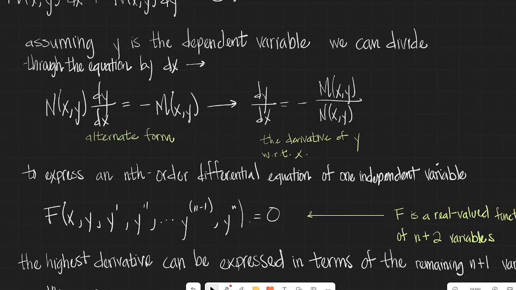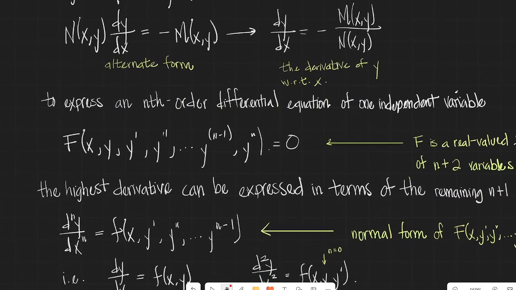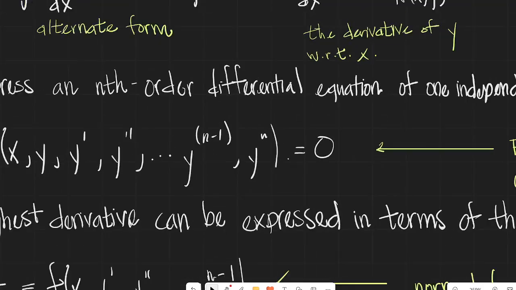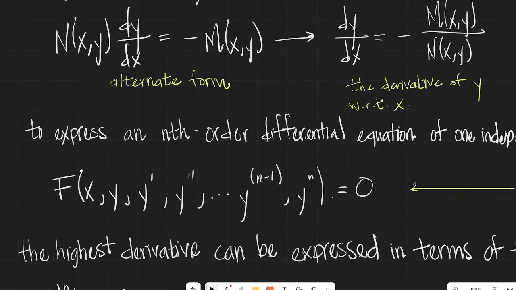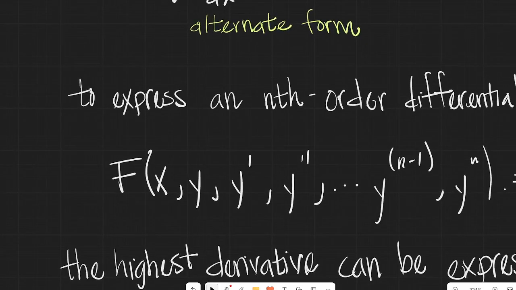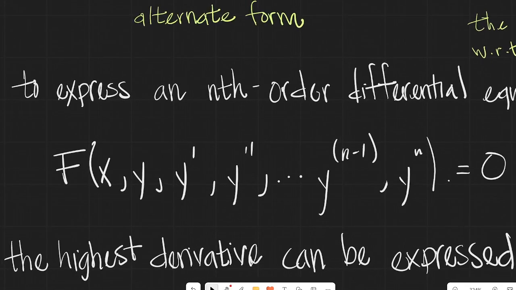Now, to express an nth order differential equation that has only one independent variable, you might see it like this. This is more of a theoretical construct, and we won't really use this a whole lot, but it is good to understand.